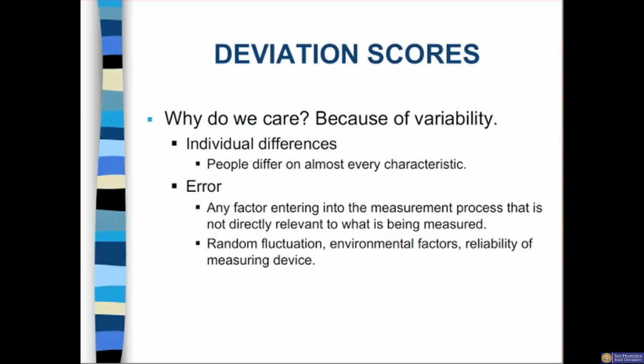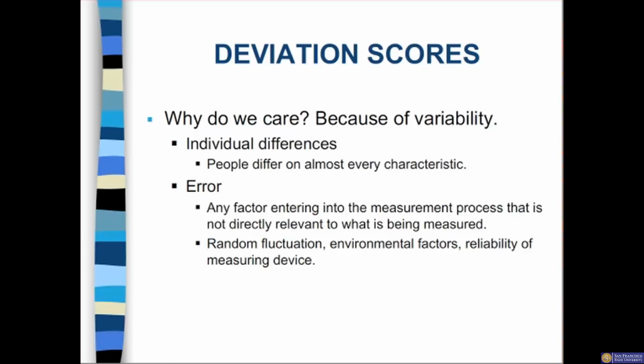There's also variability in our measurement, and so any factor entering into the measurement process that is different from the actual construct that we're intending to measure, that would be called error. And so there's variability in terms of just how we try to measure something because of this error. It can be due to random fluctuation.